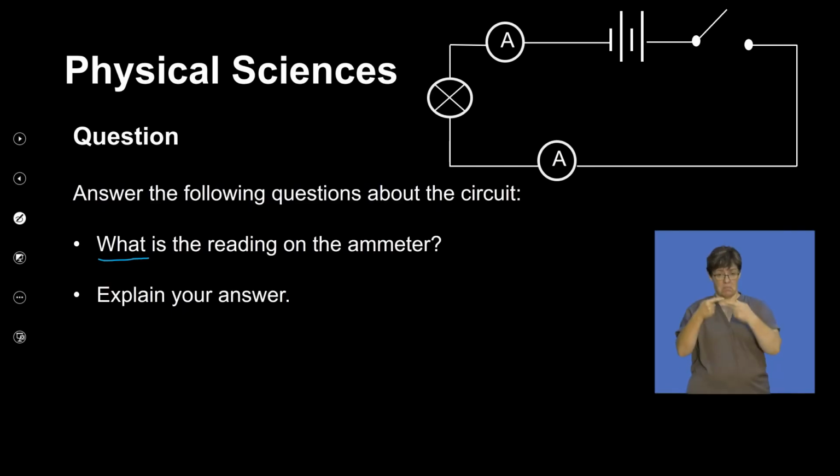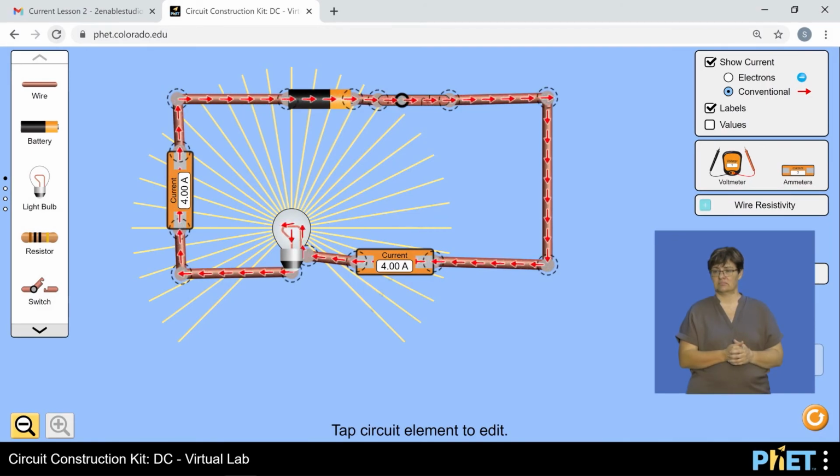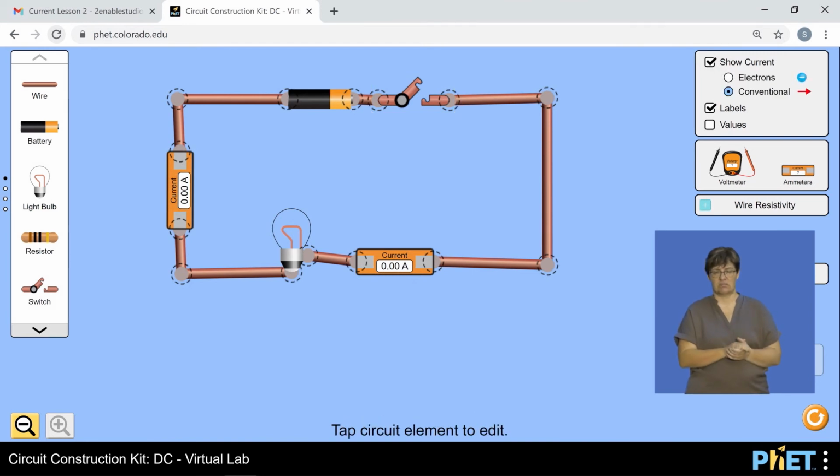So if the case is like this, we can go back to that simulation quickly, right? Let me take out the convention. Let's break the circuit by opening the switch. What is the corresponding reading on current? 0. You can even show the charges. Is there any flow of charge there? Definitely not. There's no flow of charge there.